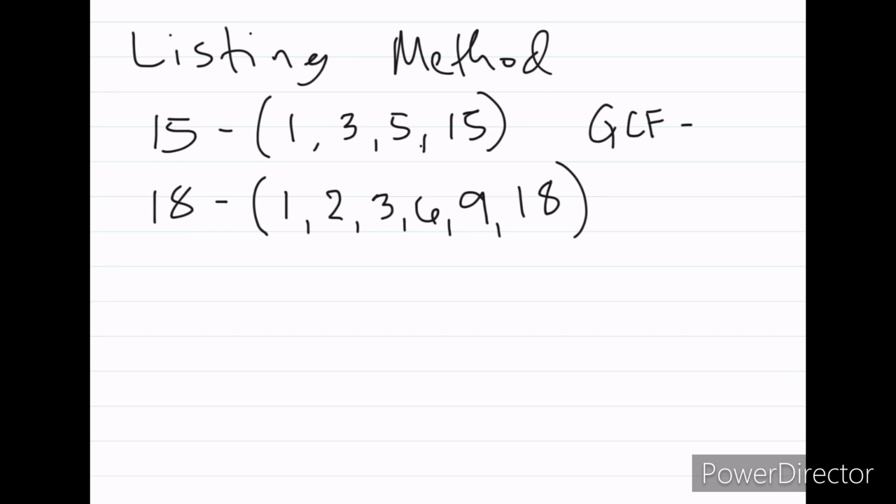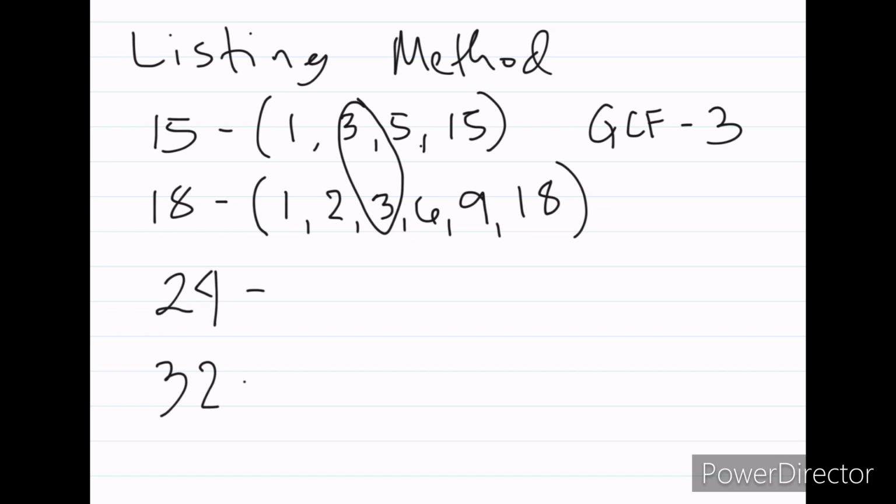But we'd rather pick the 3 because 3 is the largest, or the greatest common factor between them. So the greatest common factor of 15 and 18 is 3.